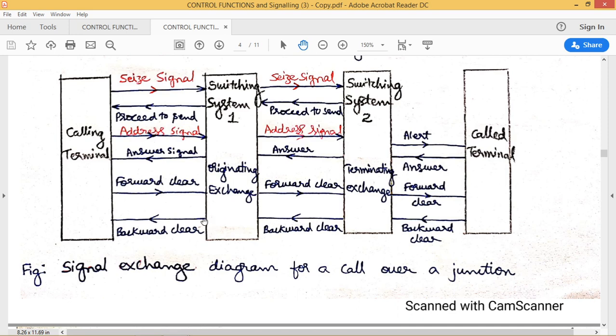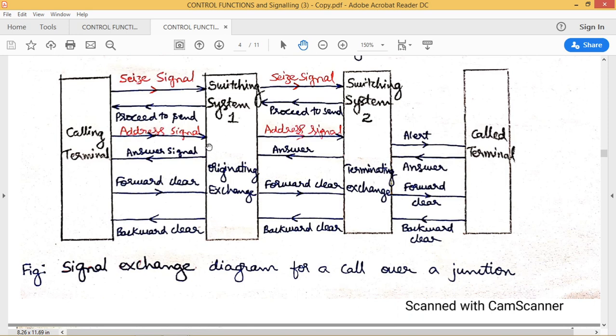Once this backward clear signal reaches the calling person, the originating exchange clears down the connection. The originating exchange basically deals with clearing and establishing the connection with the help of the terminating exchange. Once the connection is cleared, the system goes back to the idle state. We know that.